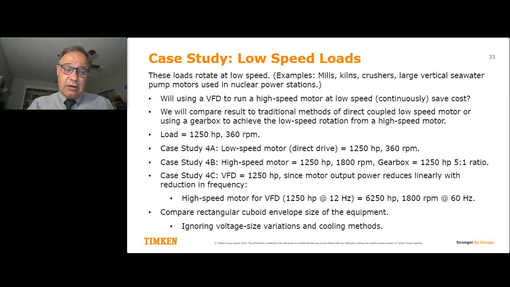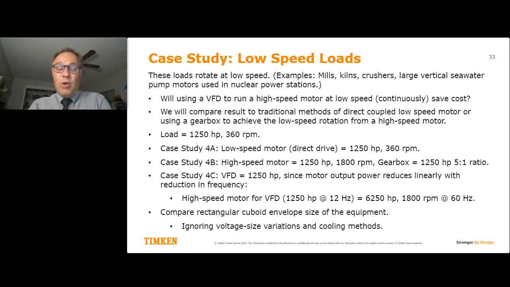But let's look at our second option, which is to take a high-speed motor, like an off-the-shelf 1250 horsepower 4-pole machine, and use the gearbox to get to my low speed. And then our third option that we want to explore is, what if I use a VFD to run this machine, to achieve this 1250 horsepower?